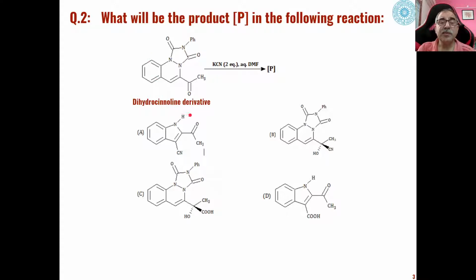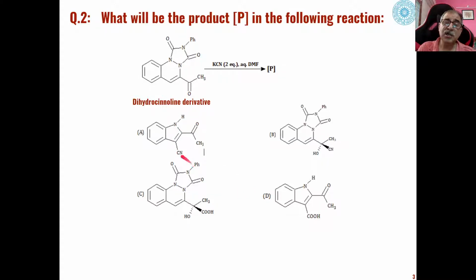Then the second problem is based on dihydrocinnolines. These types of structures are called dihydrocinnolines, and these on reaction with potassium cyanide, where cyanide ion will act as a nucleophile, in presence of aqueous DMF, dimethyl formamide, as the solvent, in presence of water, will give us any of these 4 products.